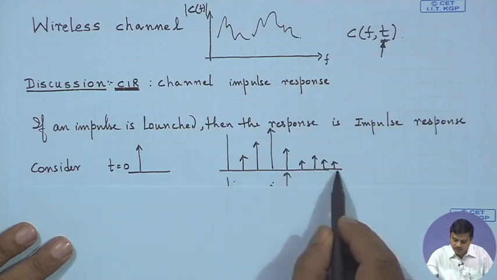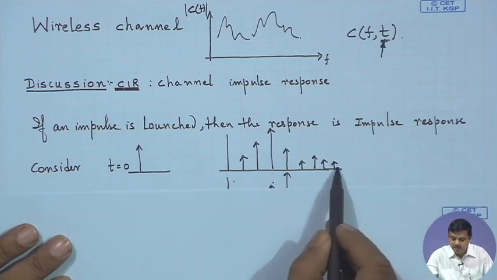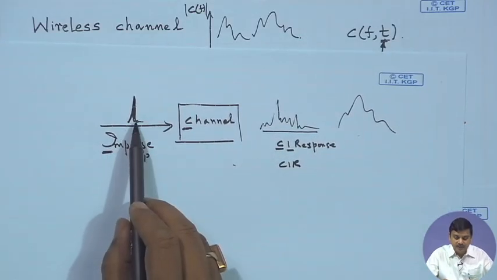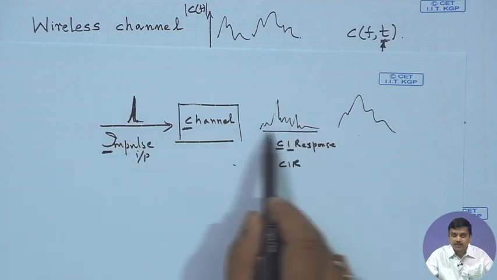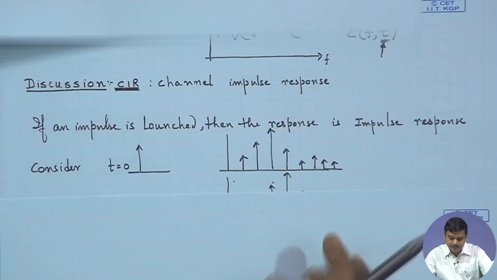So what we can effectively read is that an impulse gets spread in time. That means it becomes wider in time.